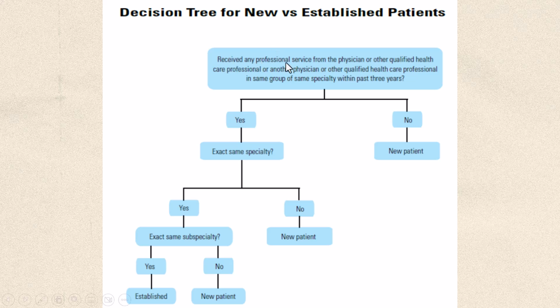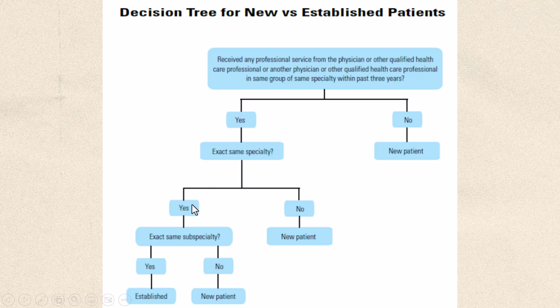So, has the patient received any professional service from the physician or other qualified healthcare professional, or another physician or other healthcare professional in the same group of the same specialty within the past 3 years? If no, he is a new patient. If yes, then we have to check whether this is the exact same specialty. If no, that patient is new.